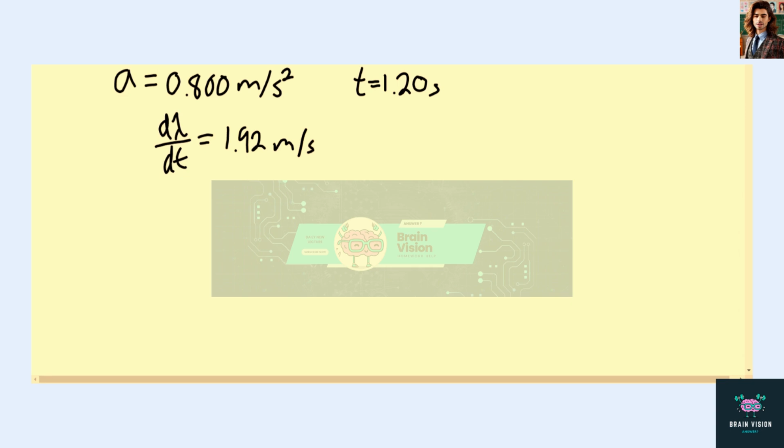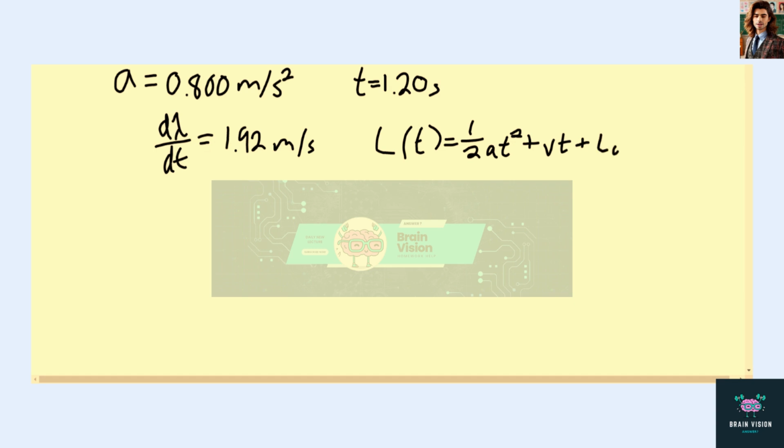The first thing that will be helpful is to figure out the relationship between the length of the string and time. So what is L as a function of time? This comes back to a kinematics equation, and the one that's most pertinent here is 1/2 AT squared plus V naught T plus L initial.